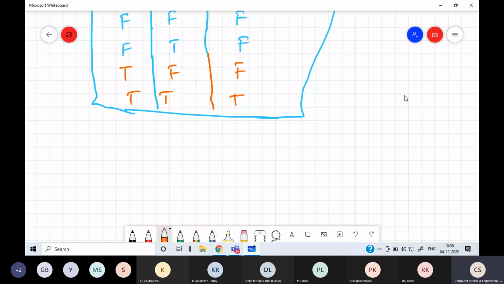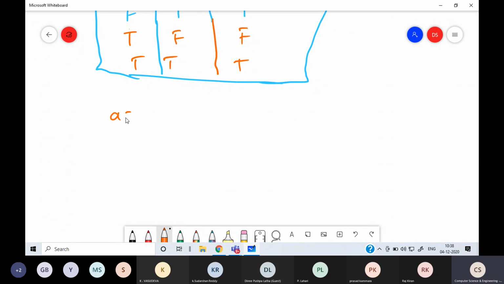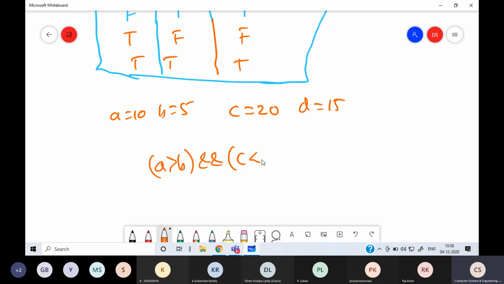Now, for example, A is 10, B is 5, C is 20, D is 15. I take A greater than B, one expression, combined with another expression, C less than D. Expression 1, A greater than B, is true, and expression 2, C less than D, is false.